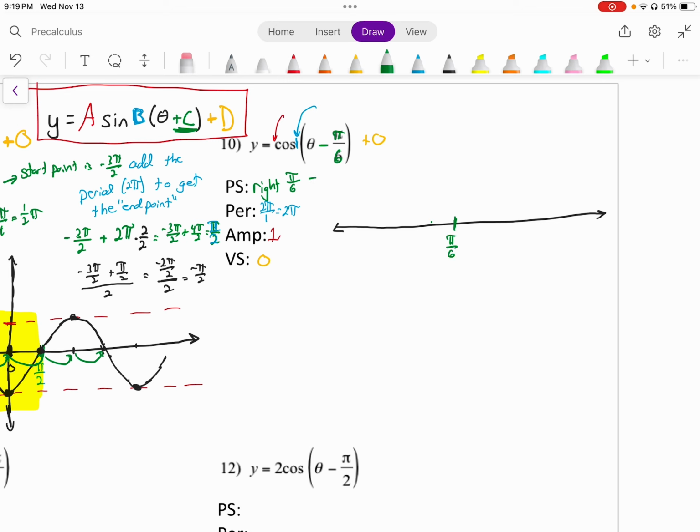Well, our starting point is pi over 6, and we are going to add the period, which in this case is 2 pi, to get our end point.